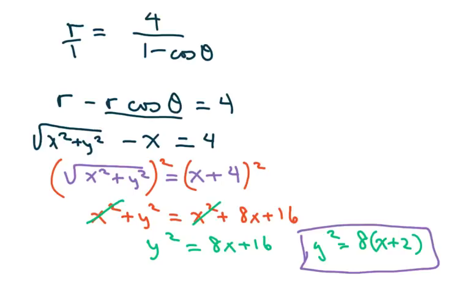Okay, and the next one is the last one, and it's the longest, so let's do this one. We have r equals, it's very similar, 3 over 3 minus cosine of theta.